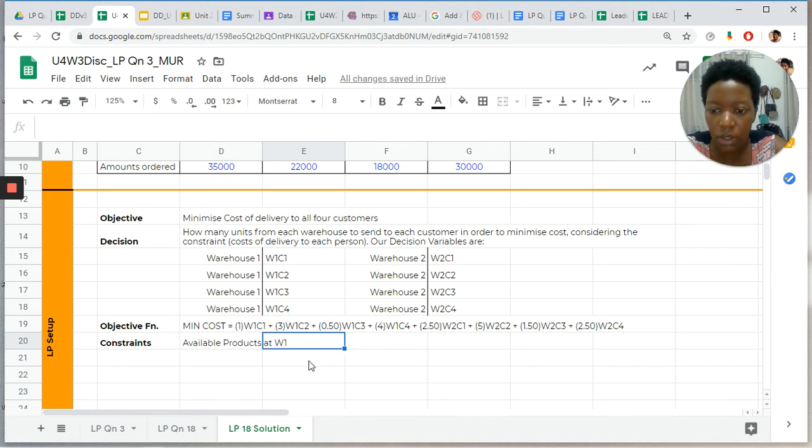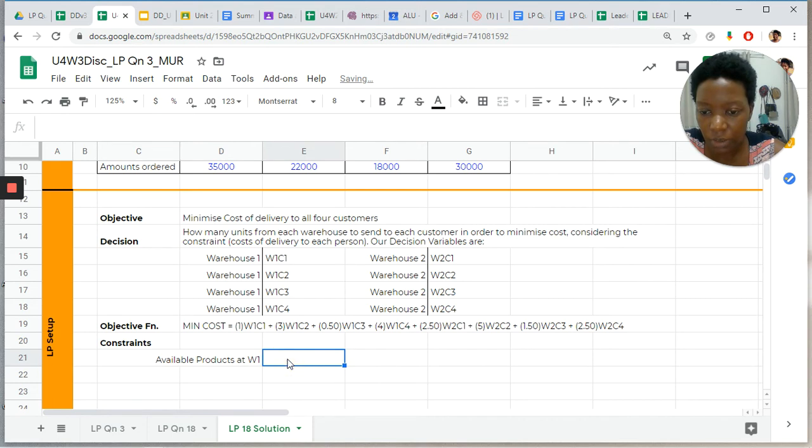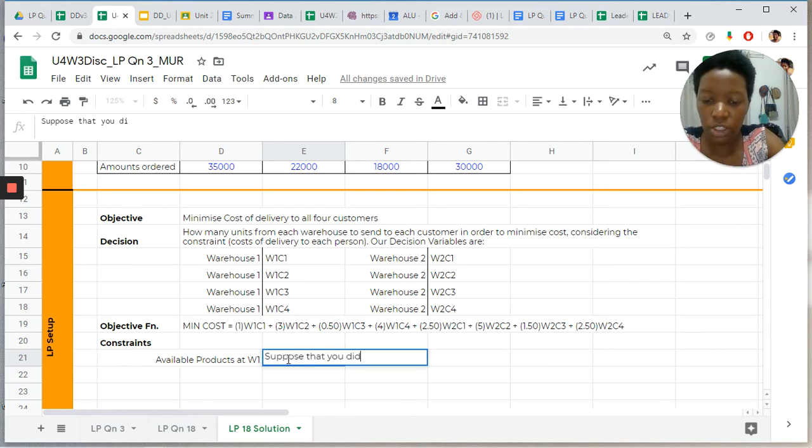Now, let me start on the line below. I'll just put a little bit of detail on the side, what I mean by that. So suppose that you did all of your deliveries from warehouse 1 to all 4 customers.